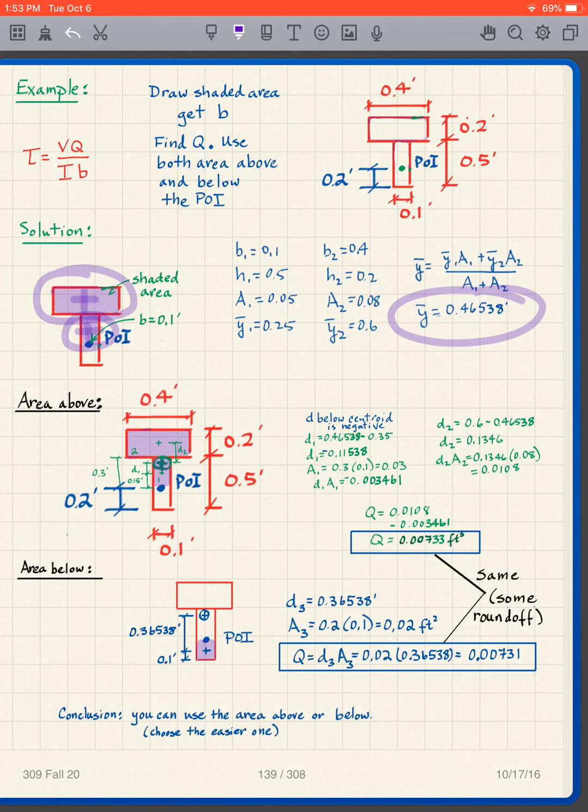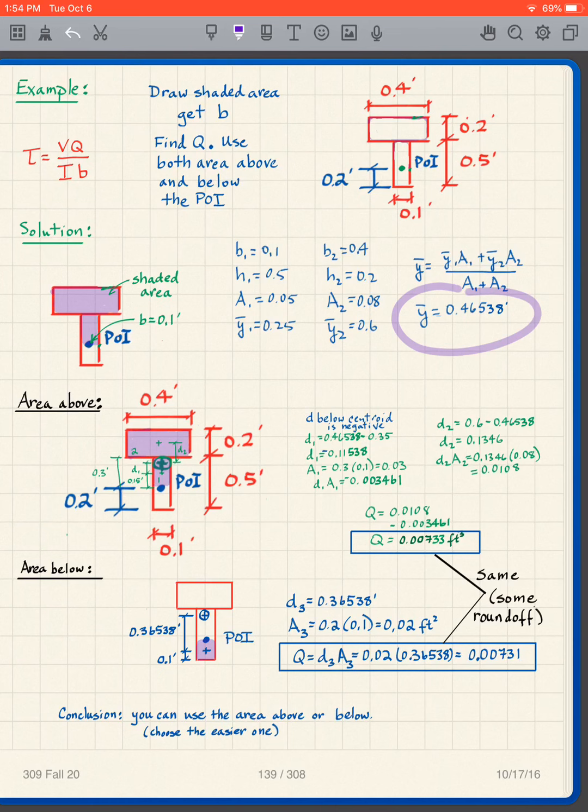Given my dimensions here, this is only 0.2 feet from the base, but my y bar is 0.46538.